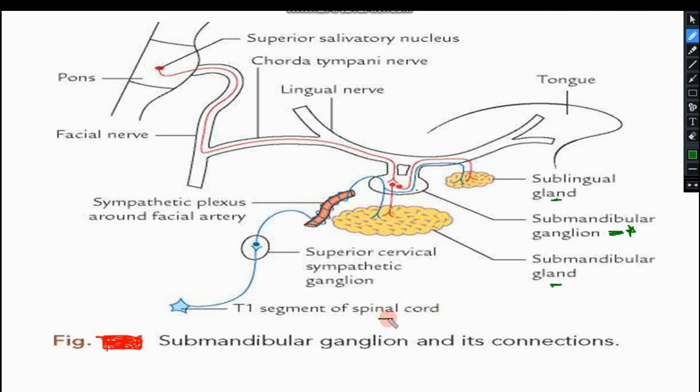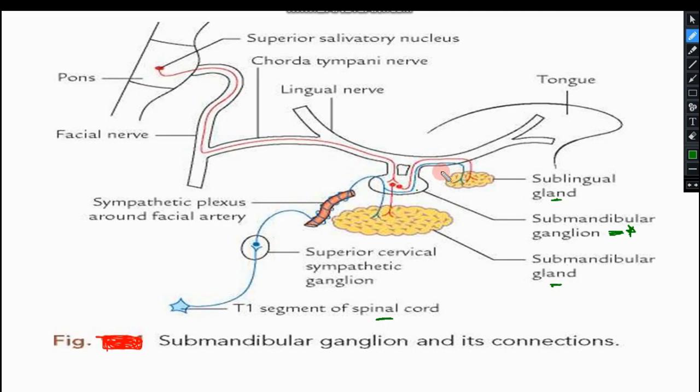Whereas the sympathetic system, working at the T1 segment of the spinal cord, the fibers go and loop around the facial artery, and then they innervate the submandibular gland. With one connection and another connection here in the submandibular gland, they innervate the sublingual gland.